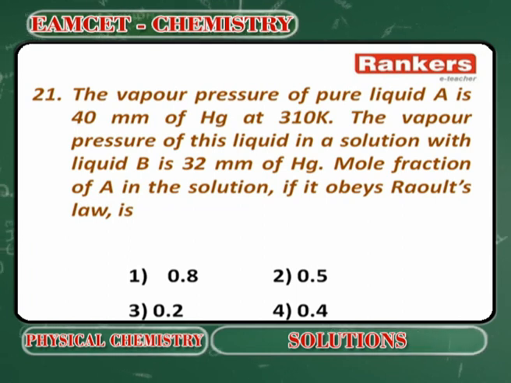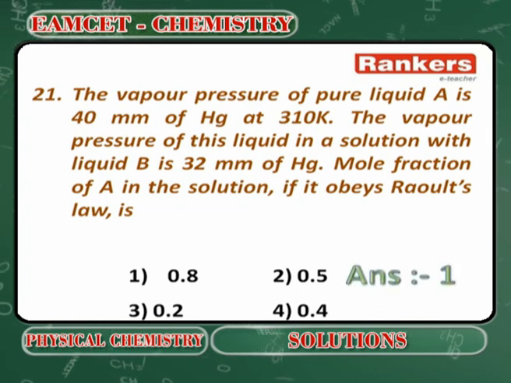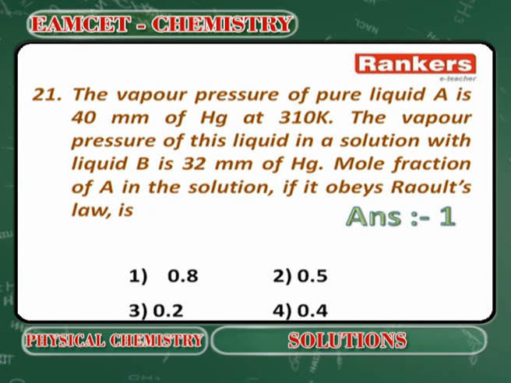Mole fraction of A in the solution, it must be 0.8 or 0.2? The vapor pressure of the liquid in a solution with the liquid B is 32, and the mole fraction of A in this solution, if it obeys Raoult's law, is 0.8, right?